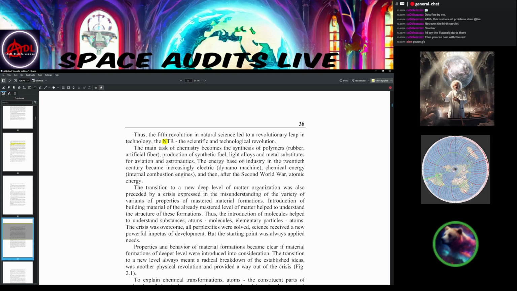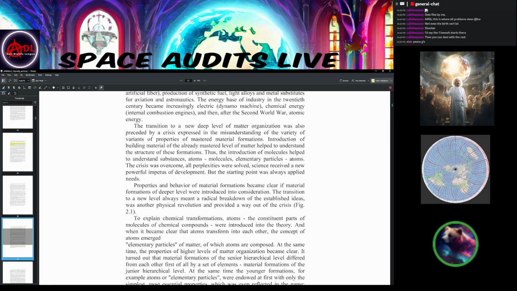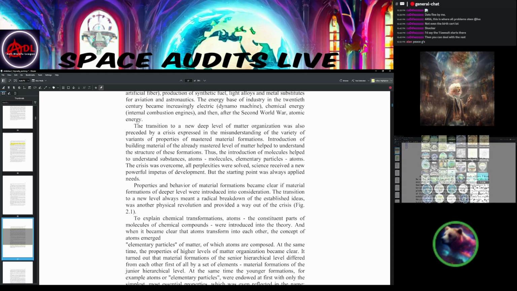The dynamo machine, chemical engineering, internal combustion engines, and after the Second World War, atomic energy, which we all know worked out slightly differently than how they had planned, and it turns out atomic energy, or nuclear energy, is a really efficient way to boil water and turn a turbine engine.